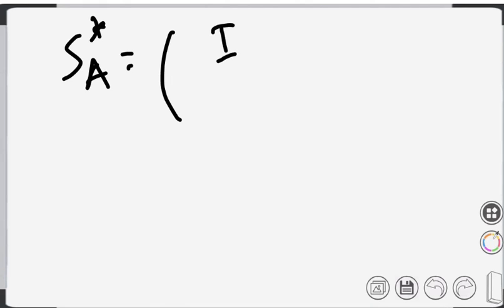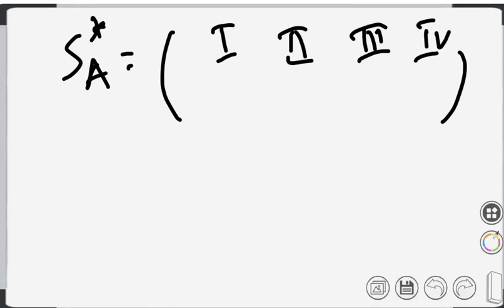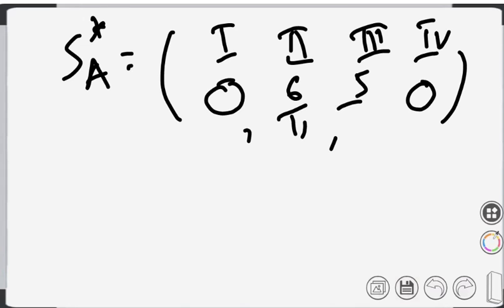Finally we'll write down the optimum solution as SA star. Because A originally had 4 strategies, 1, 2, 3 and 4, the first and fourth strategies were omitted, so their probability is 0 and 0, and this is 6 by 11 and 5 by 11.